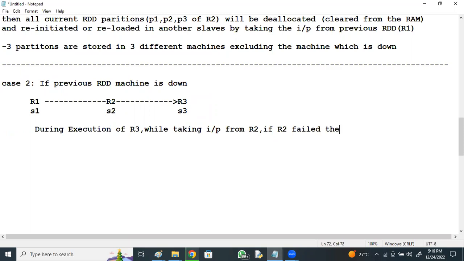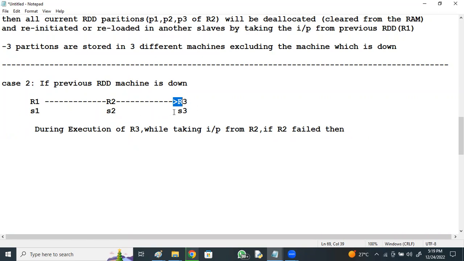Then, during execution of R3, while taking input of R2, it takes from R1, sir. R1 output.